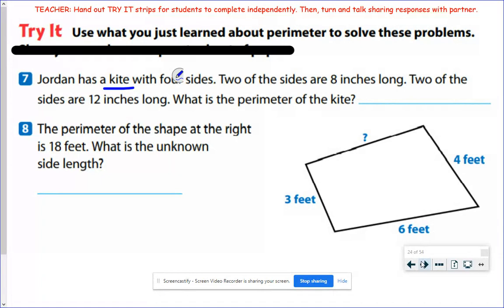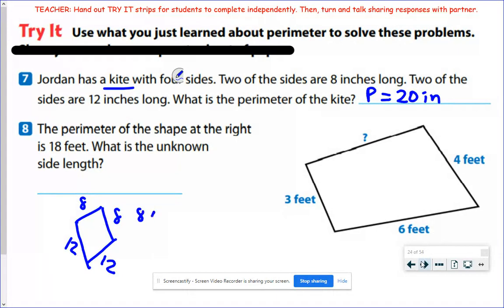The kite might look something like this. The 2 shorter sides are 8 inches long and the 2 longer sides are 12. So if you put the 8 and 12 together, that makes 20 on one side, and then there's 20 on the other side. So the perimeter of the kite is 40 inches. 8 plus 12 plus 8 plus 12, or 8 plus 8 plus 12 plus 12.